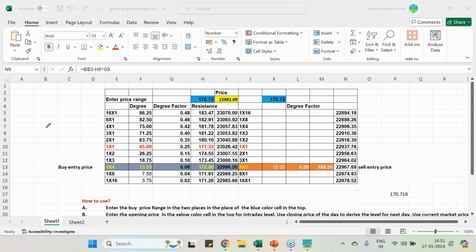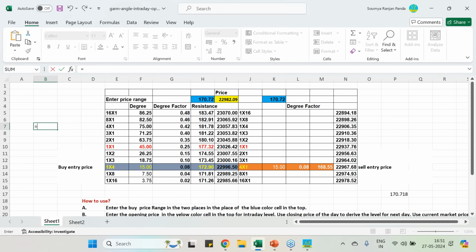Who has given that? This 3.75 degrees, if you recall, in my first part I told you 1 degree equals 4 minutes, and 3.75 degrees, if I convert, is considered as 15 minutes. The smallest cycle in an intraday trade is 15 minutes.